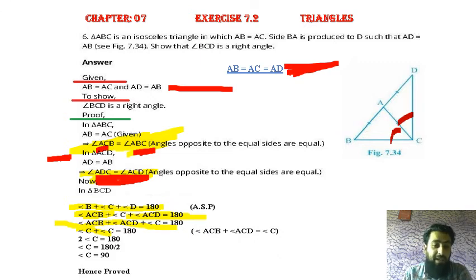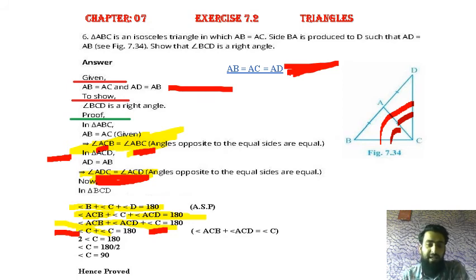So instead of ACB and ACD, I wrote angle C. You can see from the figure that they make this whole angle, which is angle C. And this C, which was already there, I kept unchanged.